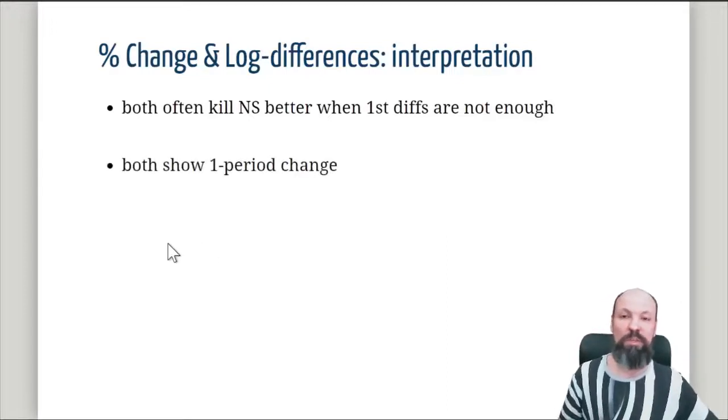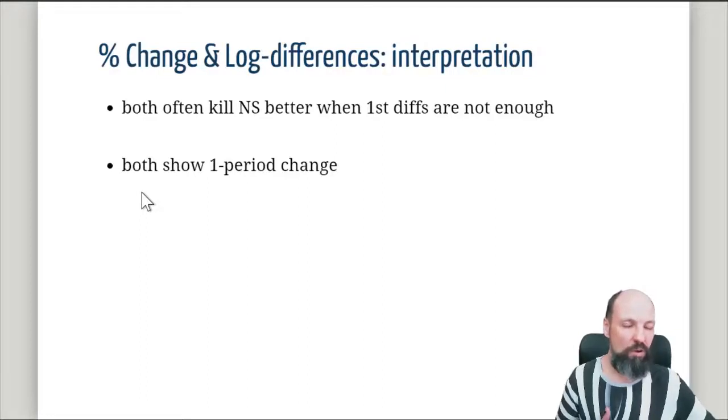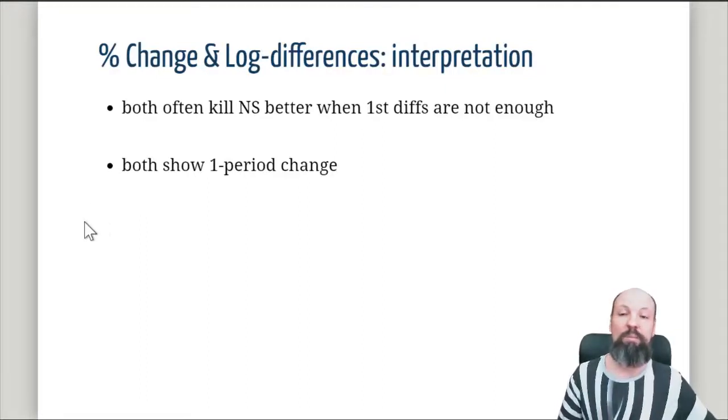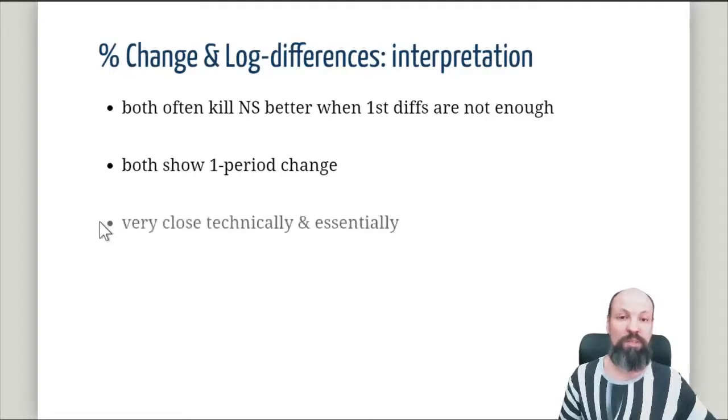Both often kill non-stationarity better than first differences, especially when the trend is definitely not linear, when it is something like exponential. Both show one period change, and they are essentially very close when the percentage change is small.